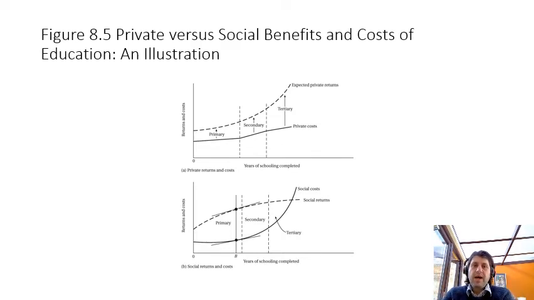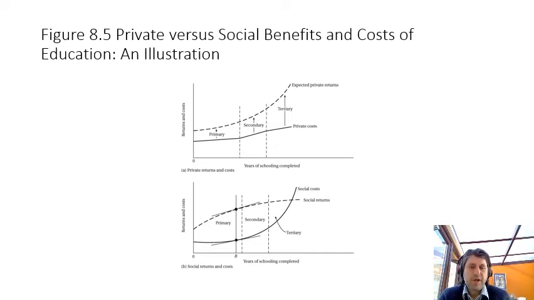So we see high levels of impact upon getting primary education. It's important that all of us know how to read and write, but the social costs of providing secondary, tertiary, higher education, colleges, and universities increase tremendously.